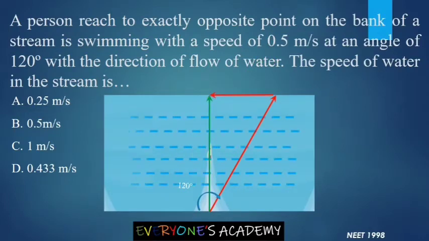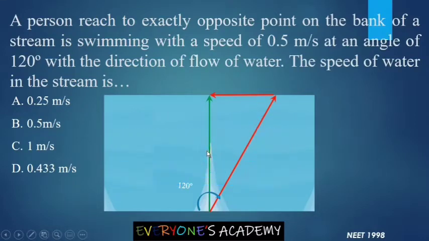So the value of this river flow should be such that the swimmer will come back to the straight or perpendicular direction automatically, even if he is swimming in this direction. So we know the swimmer's velocity is 0.5 meter per second. So this vector is given.